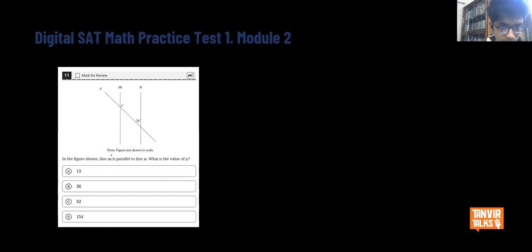Okay, in the figure shown, the line m is parallel to the line n. What's the value of x? Okay, so if it's 26, this one is also 26, right? Then 26 plus x is equal to 180.